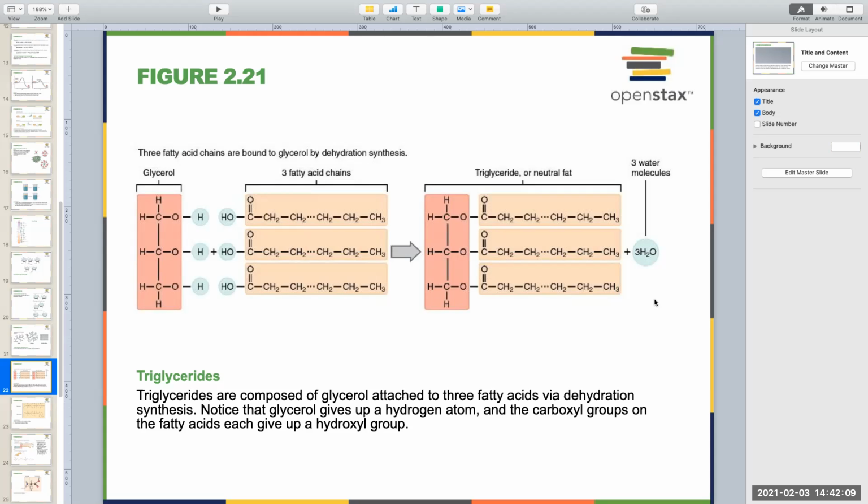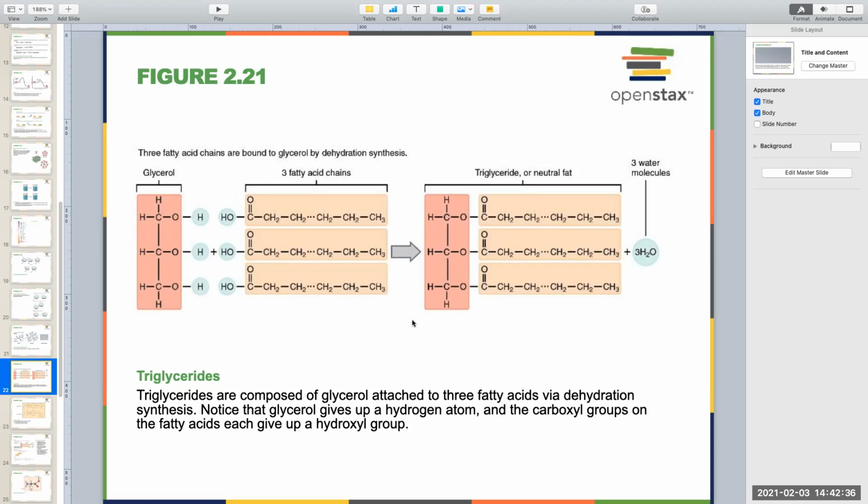So a triglyceride has a glycerol at its core, and this is glycerol. And then it has a three-chain fatty acid tail, is how they describe it. Again, a triglyceride has a glycerol at its core, and then three fatty acid chains.